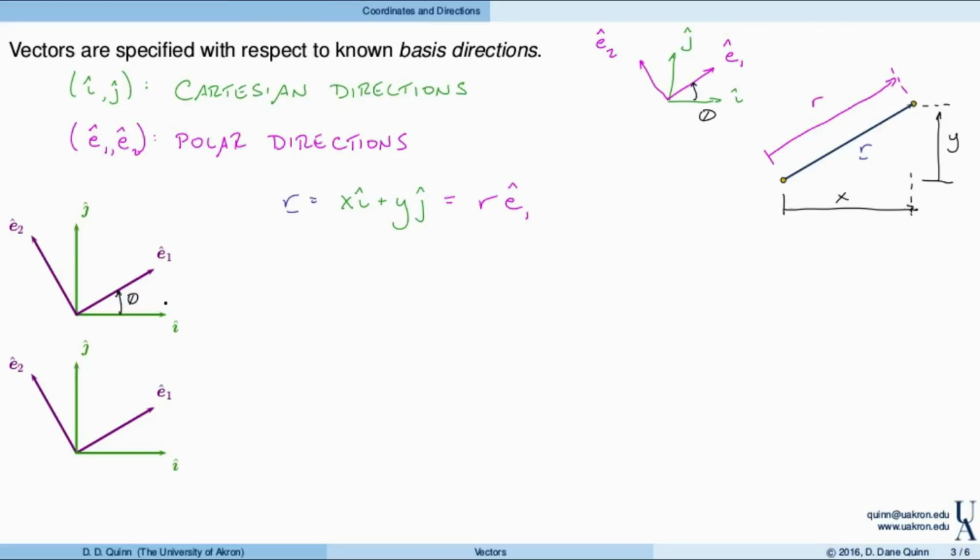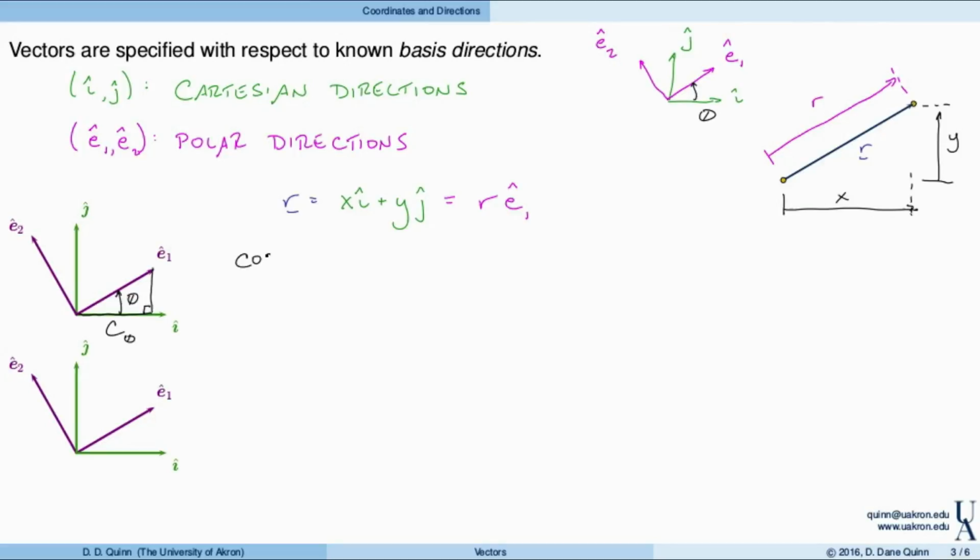If I choose to do that, I think the best way of looking at this is with some triangle where the perpendicular sides are in the I and j direction, and then the hypotenuse is, for example, E1. So if I look at this triangle, then we see that this side is cosine of theta.